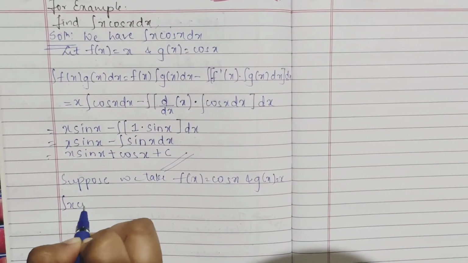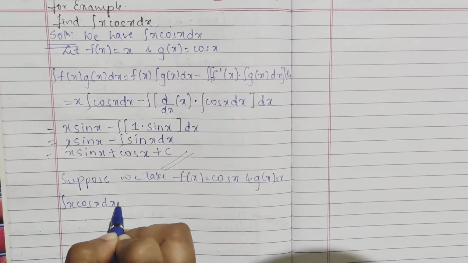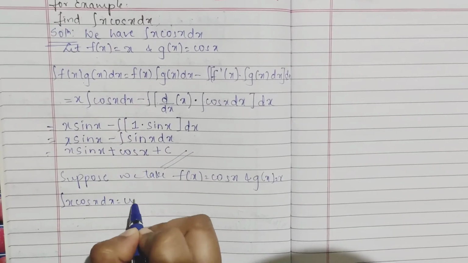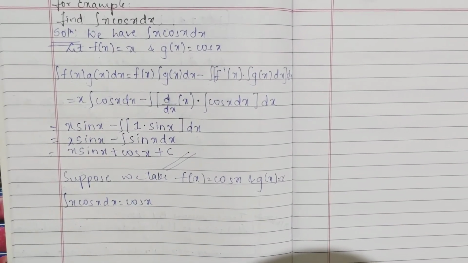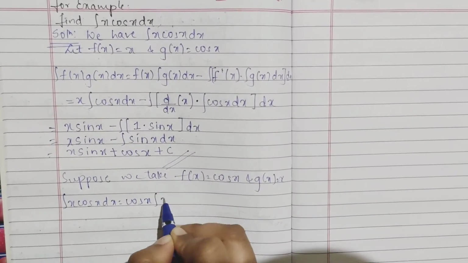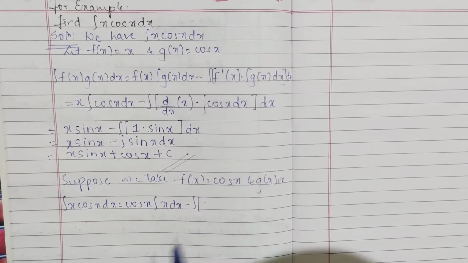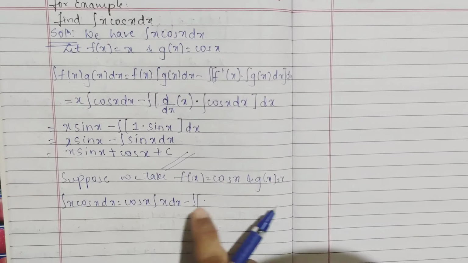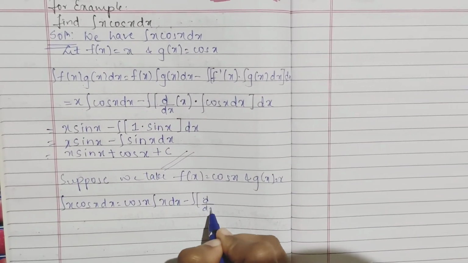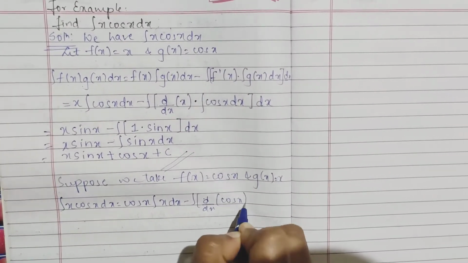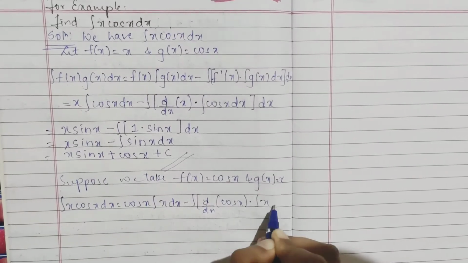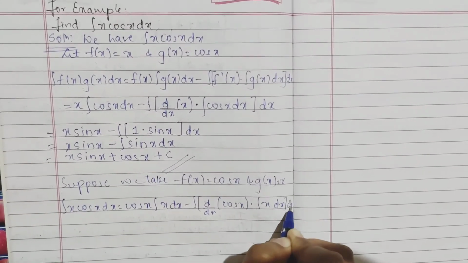So it is x cos x dx. Cos x is taken as g of x, so again integrating: f of x, that is x, times the integration of cos x, minus the integration of the differentiation of x times the integration of cos x, then the whole dx.